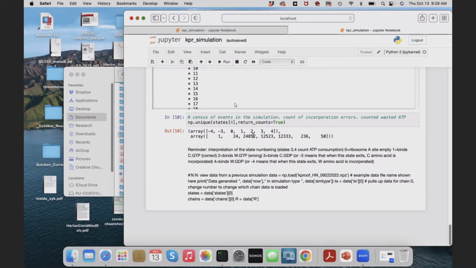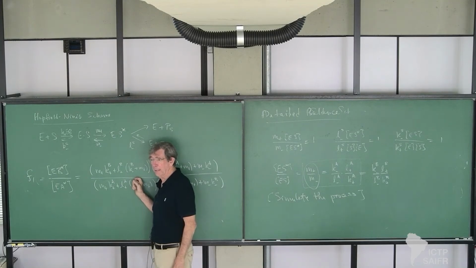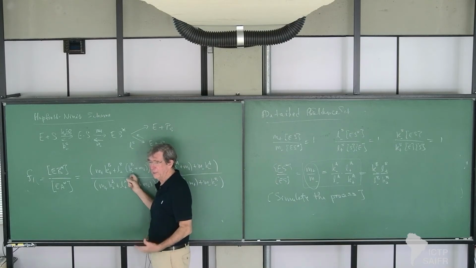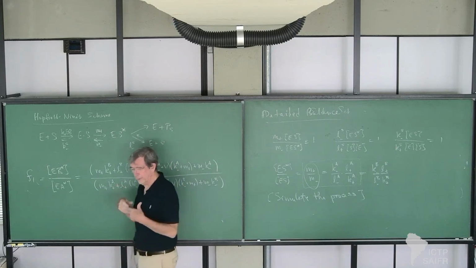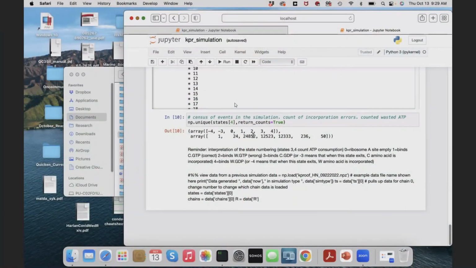Okay, so I went into this in more detail than is probably consistent with transmitting understanding, but I think this is one of those things where you really have to look in detail at the argument in order to grasp what it is actually good for. Okay, so that's kinetic proofreading.